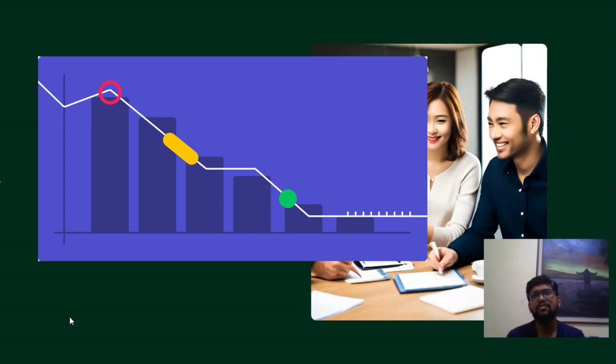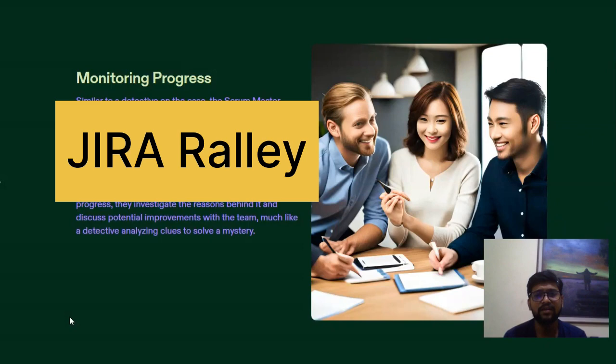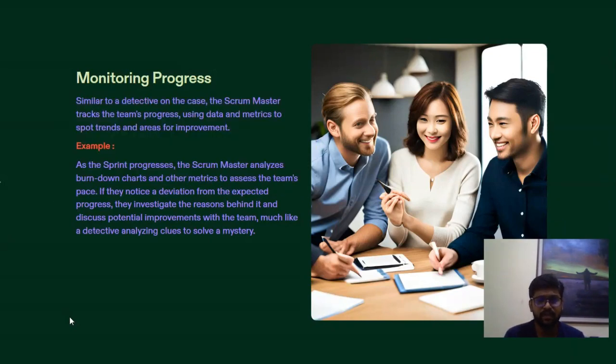As a Scrum Master, we use burn down charts or other metrics to track team progress. We use tools like Jira, Rally, and some reports to track the progress of the team. So it is the Scrum Master's duty to monitor the progress of a team, and whether the team is working fine or not. If any impediments or issues are there, he or she has to resolve those issues.